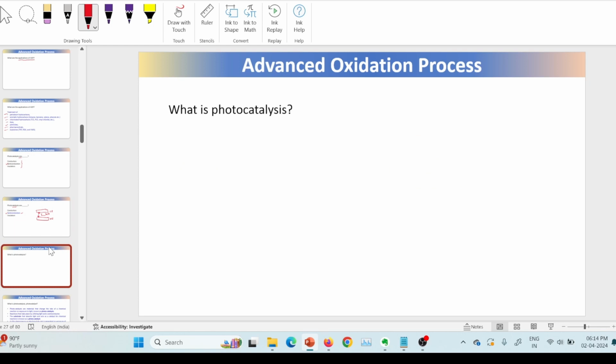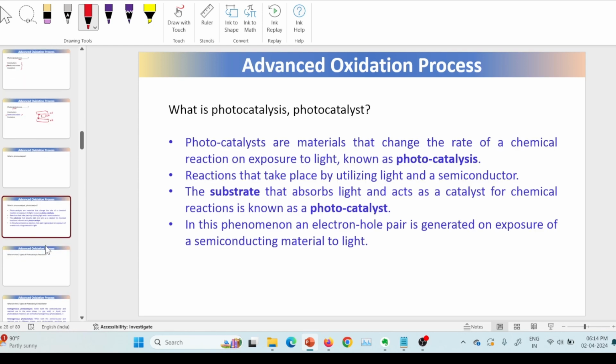What is photocatalysis? Photocatalysts are materials that change the rate of chemical reaction on exposure to light, known as photocatalysis.